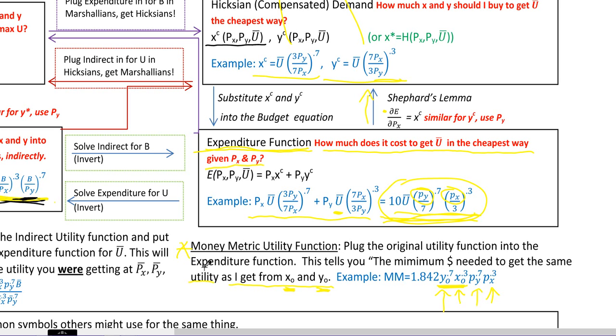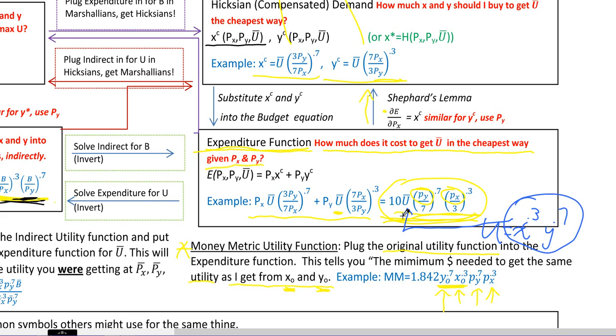And what you would do is plug in the original utility function u, here, let me use a color that'll be a little easier to see, u equals x to the 0.3 times y to the 0.7, and plug that into this expenditure function where you see the u bar there.